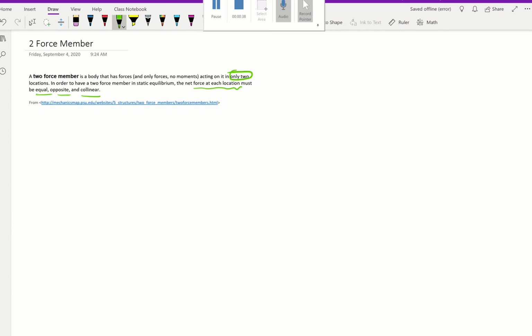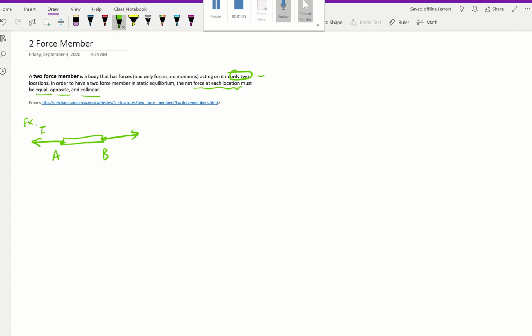So now let's look at some examples. A very simple example: I have just a bar that is a straight line, and there are two forces on it. One is applied at location A, one at location B, because only two locations, right? One is going to drag A to the left, one is going to drag B to the right.